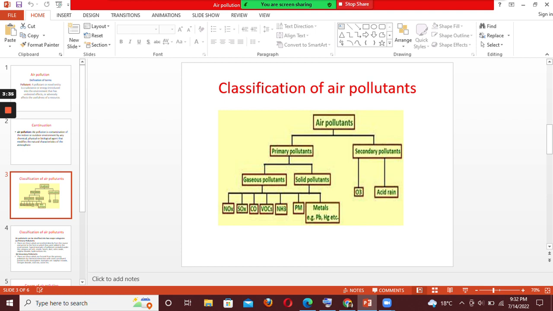Sulfur dioxide will give us sulfuric acid. Carbon dioxide will give us carbonic acid, which when it rains, will have effects on the plants, on the rocks, and on the buildings, and it will also cause acidity in the river. So basically, that is how we can classify air pollutants.